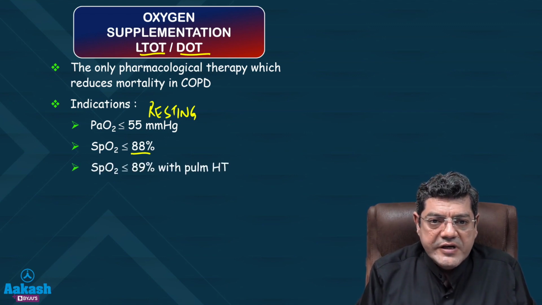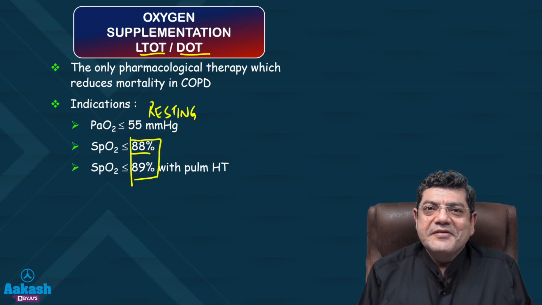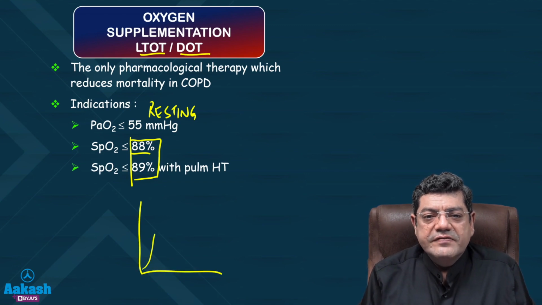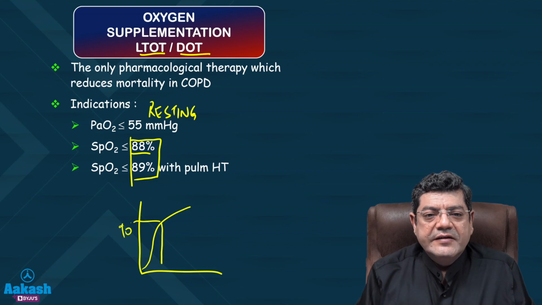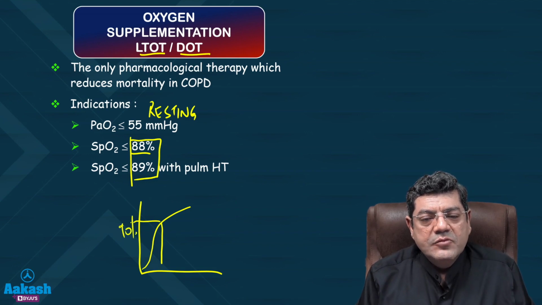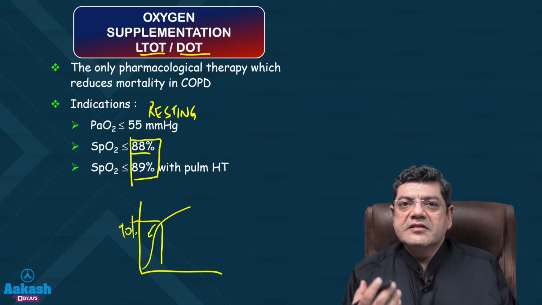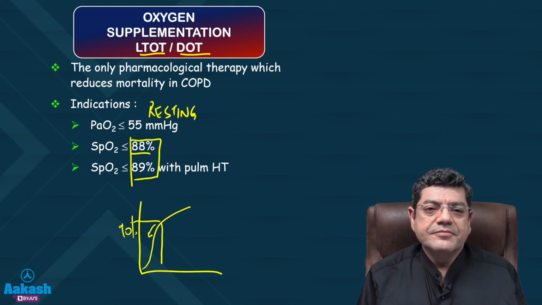Notice that this looks very small, 88% without pulmonary hypertension, 89% with pulmonary hypertension. But the reason for that distinction is the sigmoid shape of the oxyhemoglobin dissociation curve. Below a hemoglobin saturation of 90%, there is a very sharp fall in the oxygen carrying capacity, the oxygen content of blood, with each single percent drop in saturation, right?